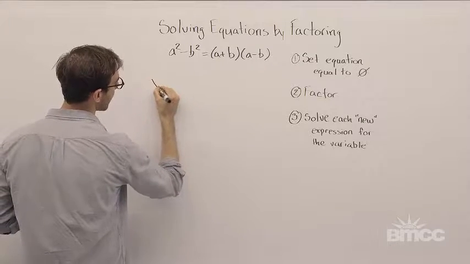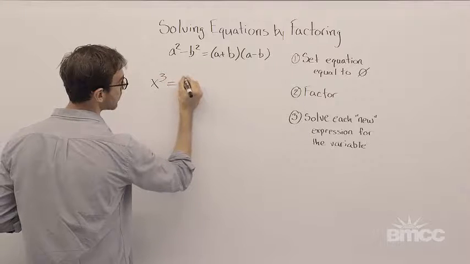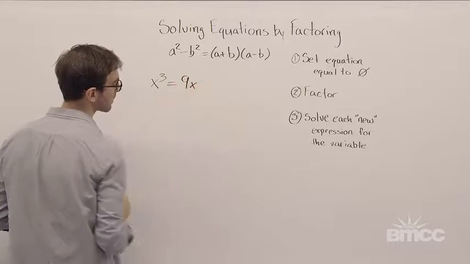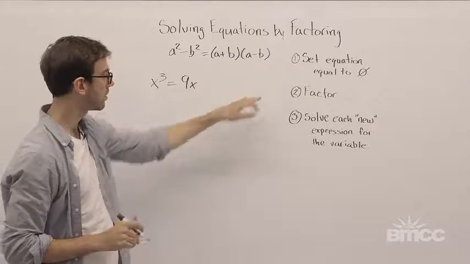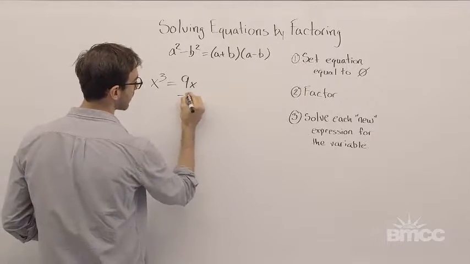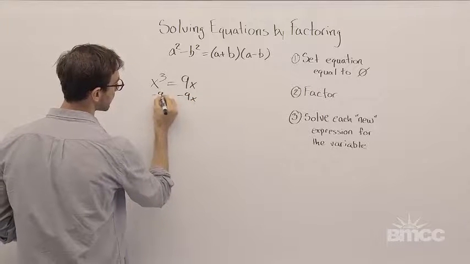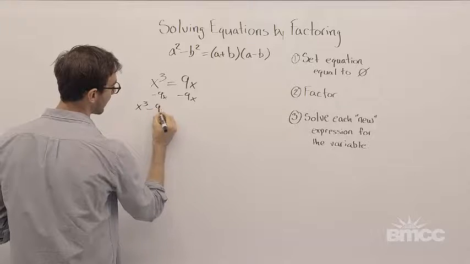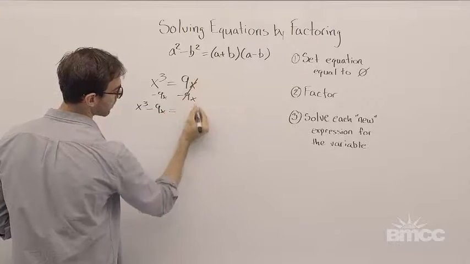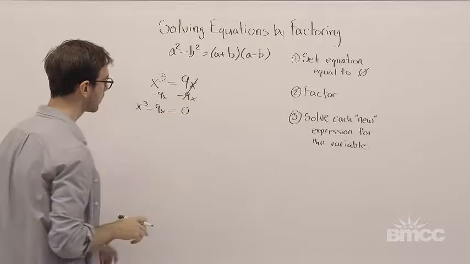We'll have, say, x to the third is equal to 9x. So our first step is to set this equation equal to 0. Let's start by subtracting 9x from both sides. We'll have x to the third minus 9x is equal to 0.